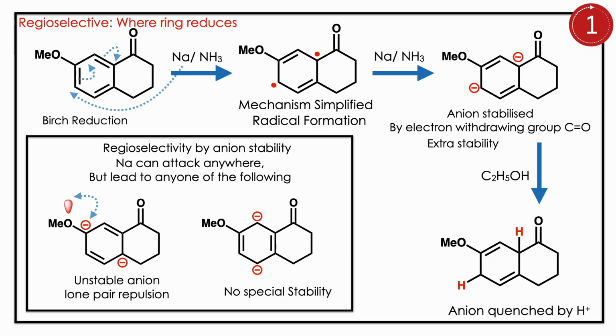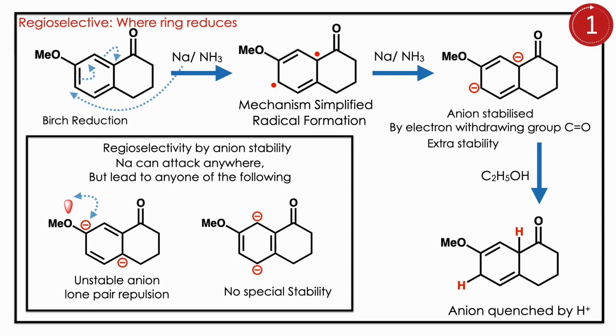Normally, a diradical forms in this situation, but where the diradical is stable confirms the regioselectivity. The anion cannot form near the O-methyl group because of repulsion. Same charges repel each other, and the other possibility doesn't have any extra stability. So the anion can form only near the electron withdrawing carbonyl.